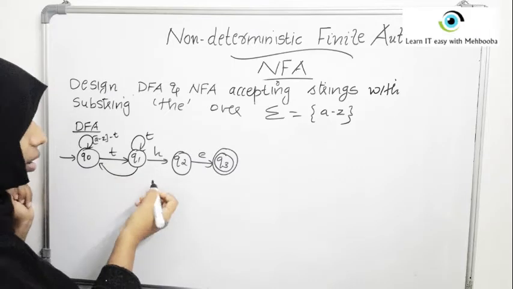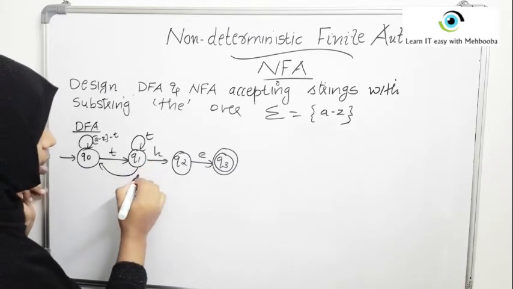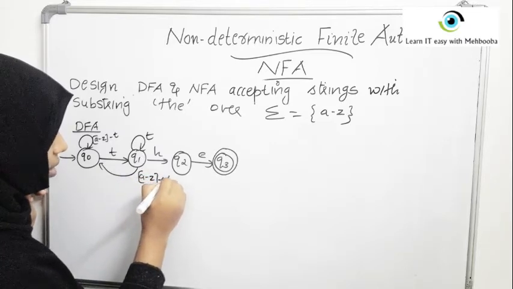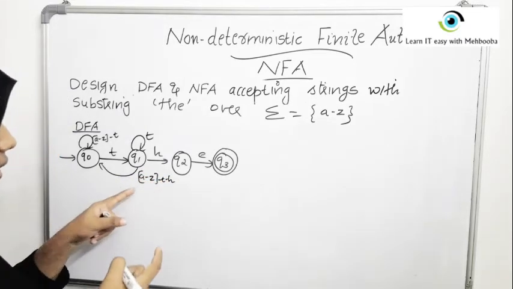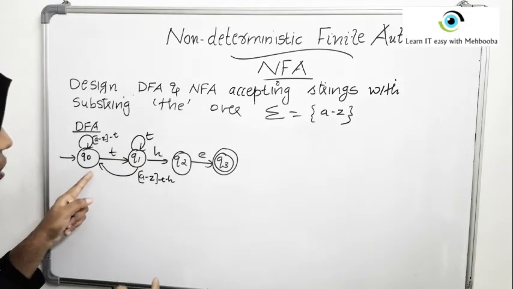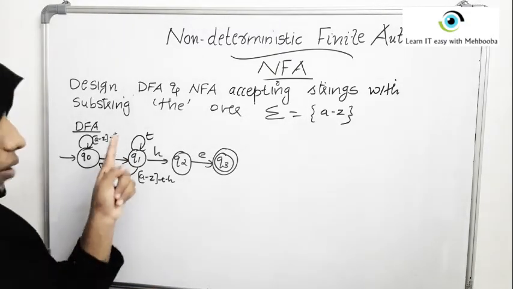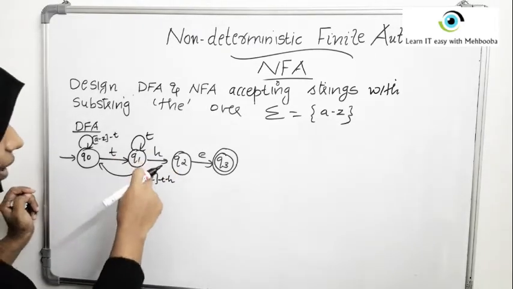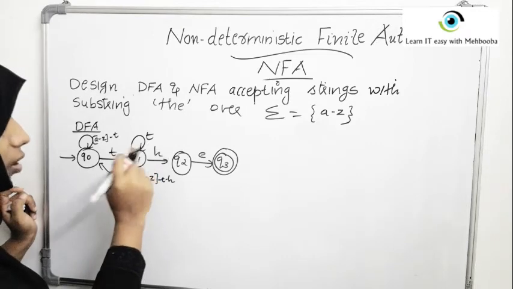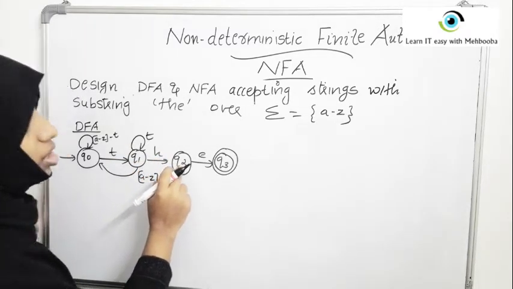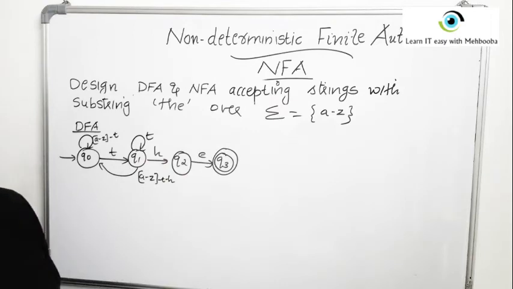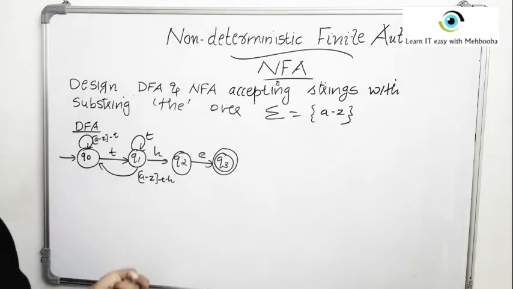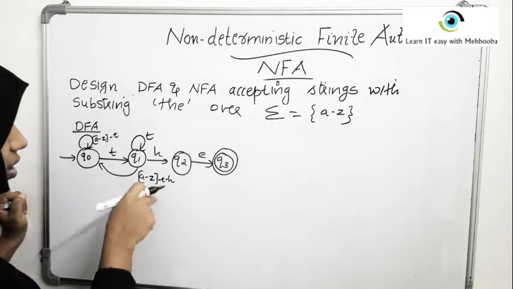If you are getting any character other than T and H, so A to Z minus T minus H, you can just go back to Q0 and wait for T. If it is T, you can stay here waiting for an H. If it is an H, you can definitely go ahead. But if you are getting anything other than T and H, for example A, you just have to come back and start from the beginning to get T, H and E. So that has been addressed.